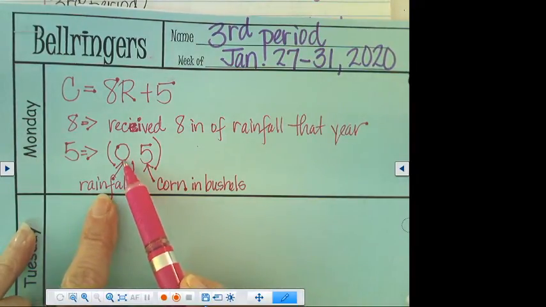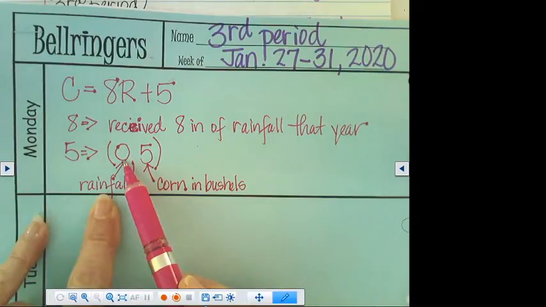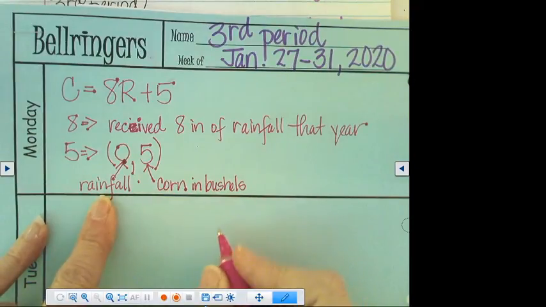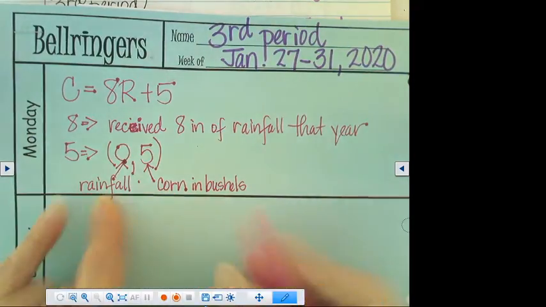With no rainfall at all, your corn production will actually still be 5 bushels per acre. Okay, so let's write that.